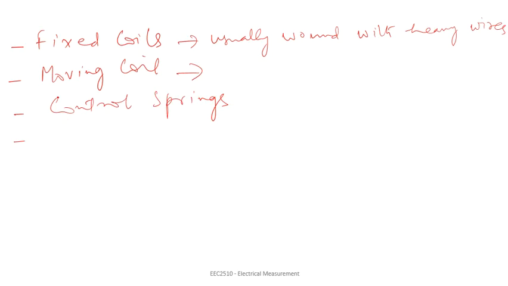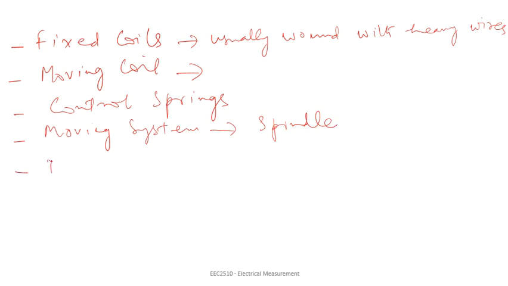Okay, and then we have a pointer and scale type of arrangement, and the moving system it can be called. So the moving system will have a spindle pointer type of arrangement. Okay, pointer, spindle. So this will be the moving system.